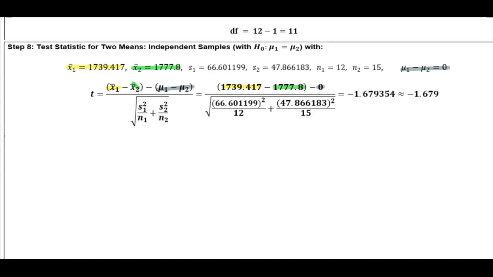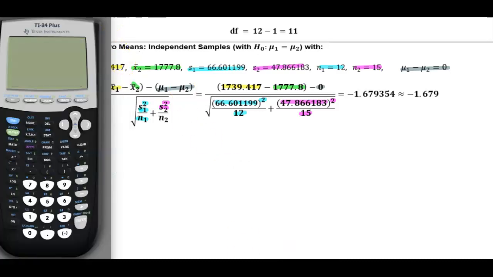Then we take the sample standard deviation 1 and square it. And we have sample standard deviation 2, and we square that in the other numerator of that fraction. Then we divide the first by the sample size n1, and the other one by its sample size, which is 15. So let's go ahead and plug this in a calculator so that we see how this is solved.